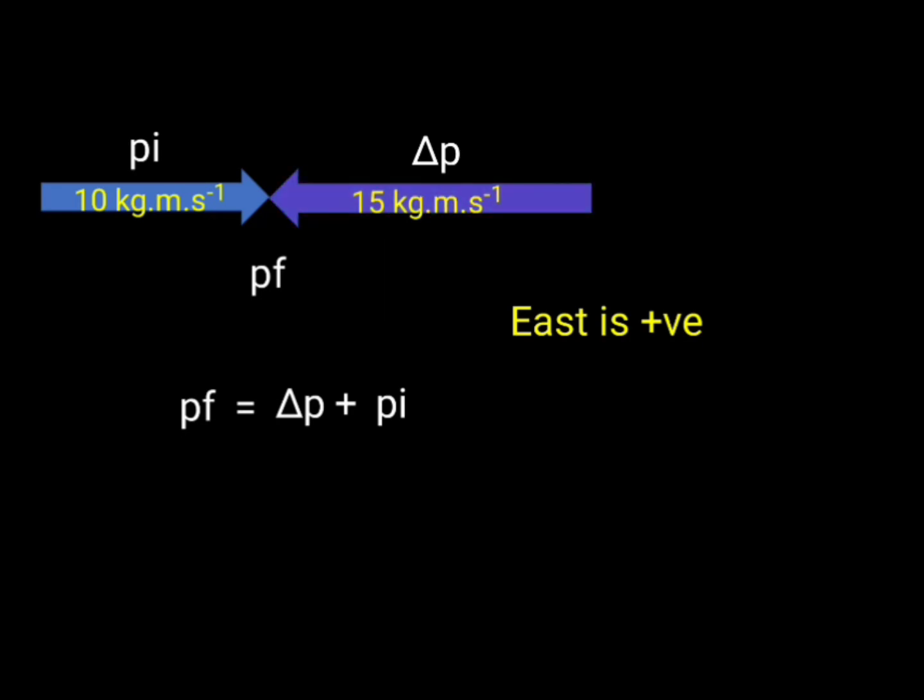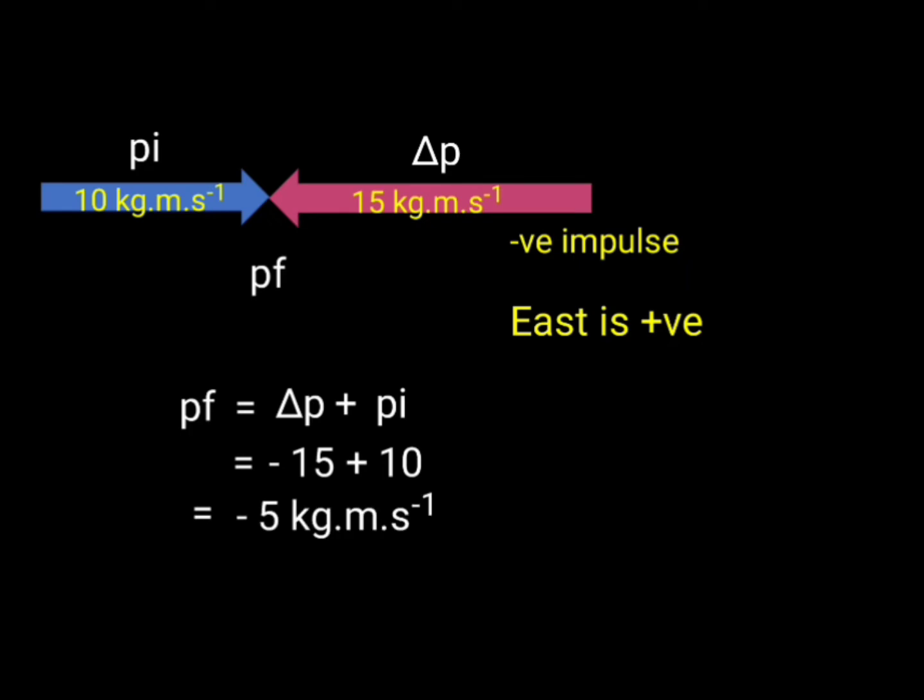Or final momentum is change in momentum plus initial momentum. In this case, the change is in the opposite direction of initial motion. The impulse is thus negative. So when we apply the formula, it's going to be minus 15 plus 10 to give us a final momentum of minus 5 kilograms meters per second.